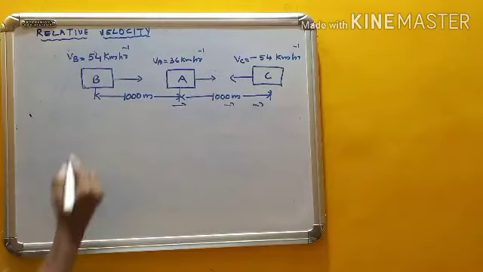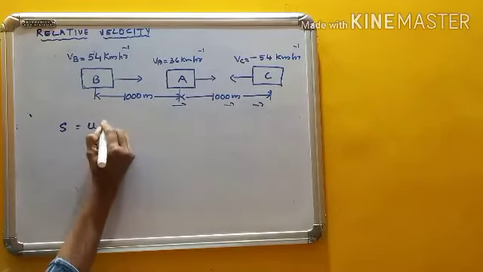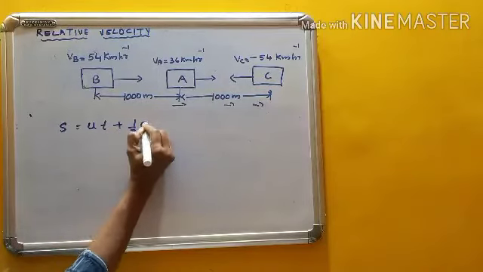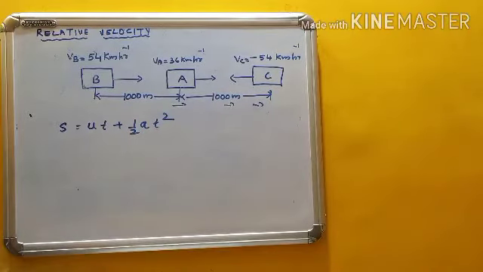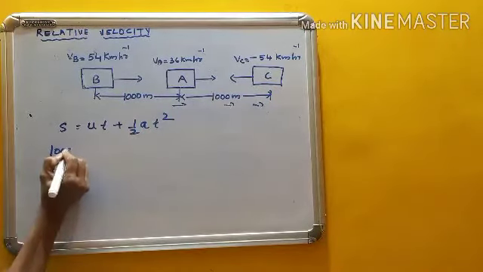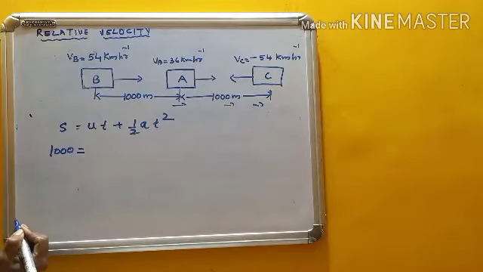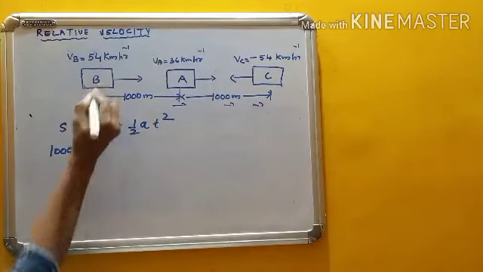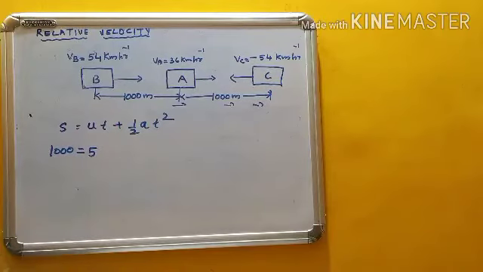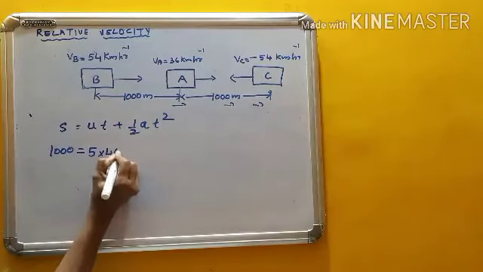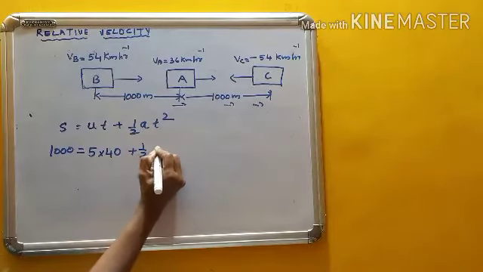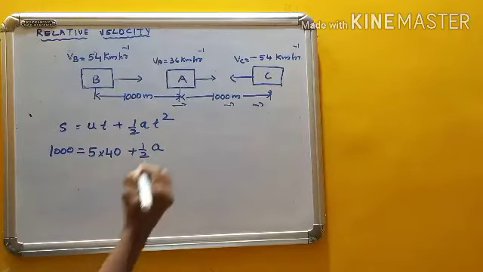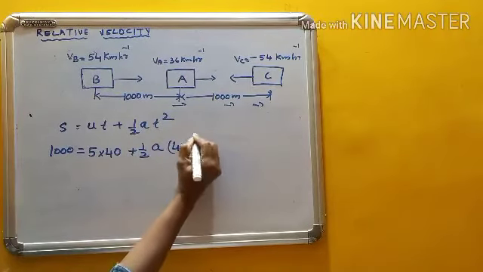So we know the formula, S equals ut plus half at square. What distance is to be covered? 1000 meter, we know. And relative velocity, what is the relative velocity? 5. Time is 40 seconds plus half a t square, means 40 square.